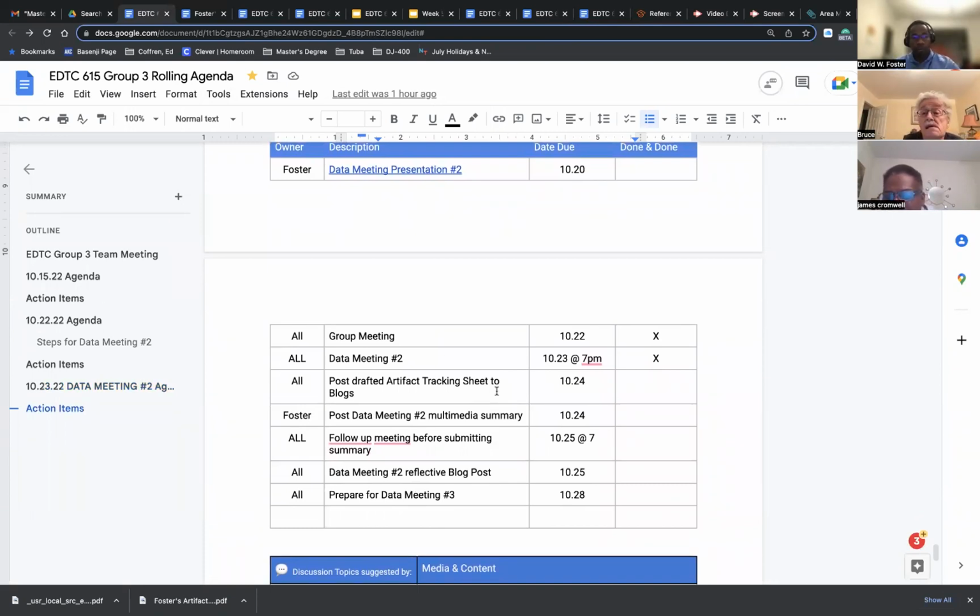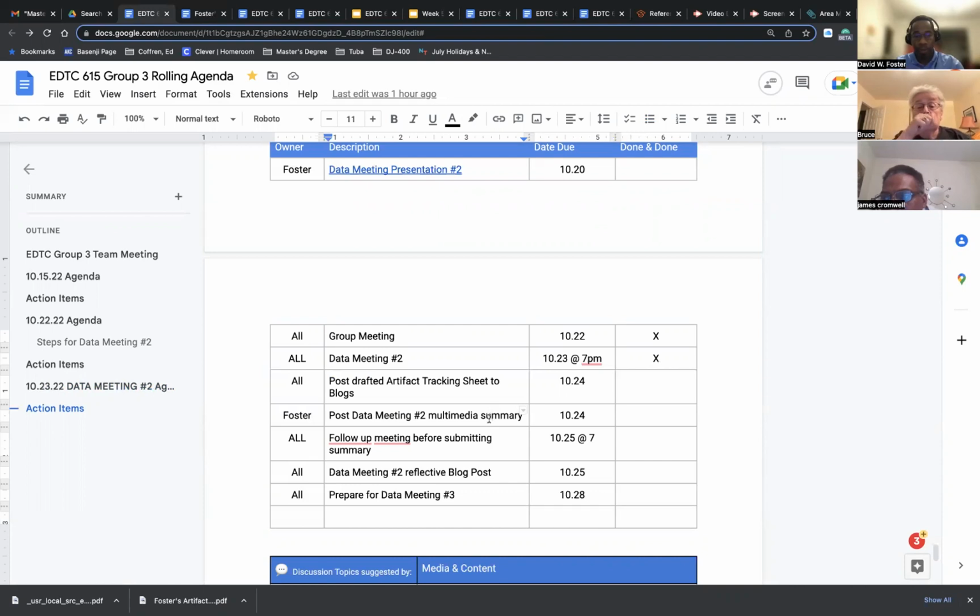All right, one quick question. Do we have to do the blog sheet tonight, or do we have till Tuesday? It says we agreed that we would post our artifact tracking sheets to blogs by tomorrow. That's on our action items. I'm supposed to complete the multimedia summary by tomorrow as well.